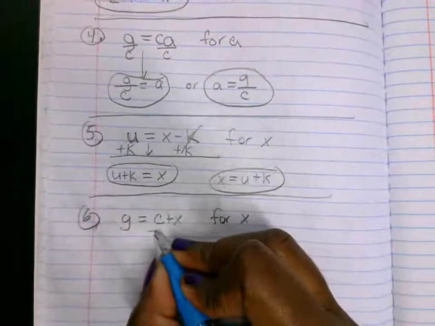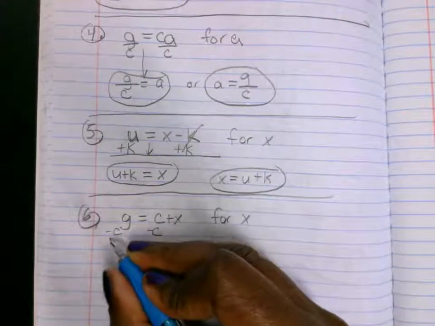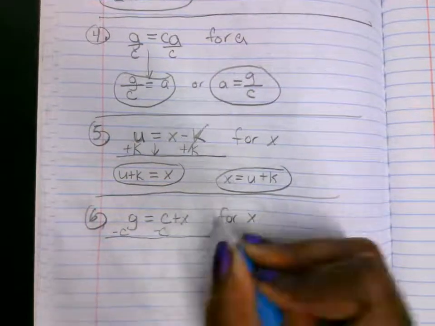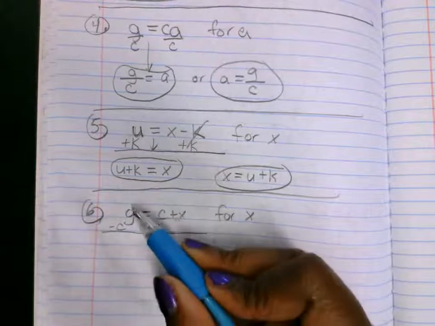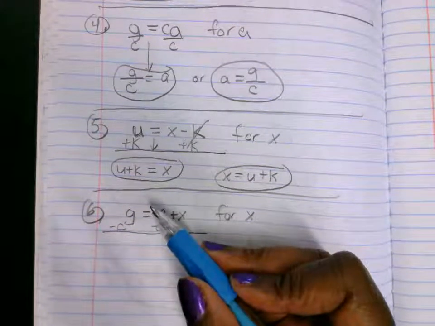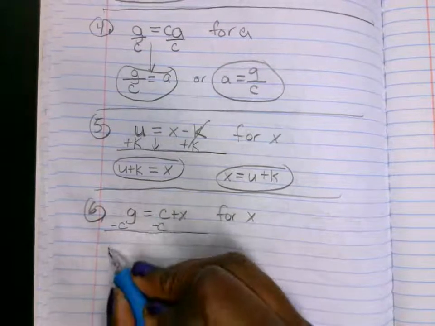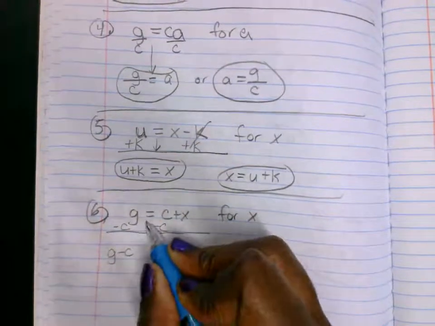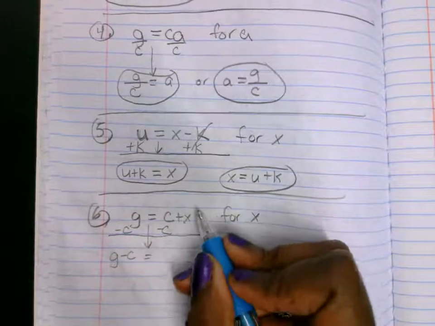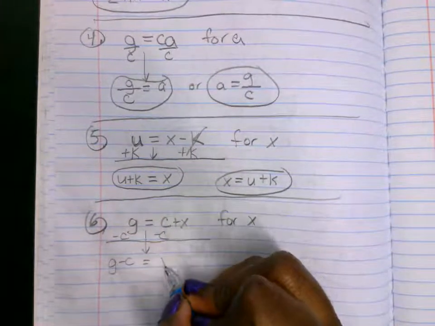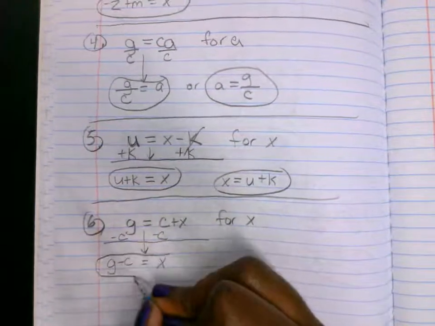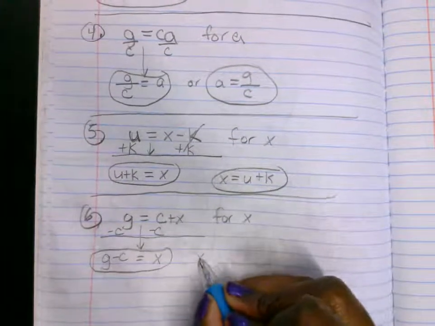Very good, Jay. Subtract C on both sides. On this side of the equal sign, what are you going to get? G minus C. And then on this side, what are you going to get? X. Very good. What's another way to write it? X is G minus C.